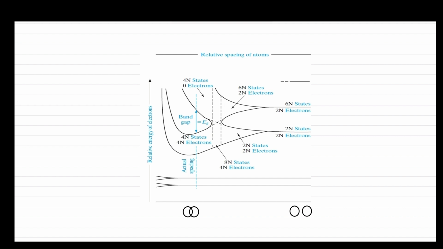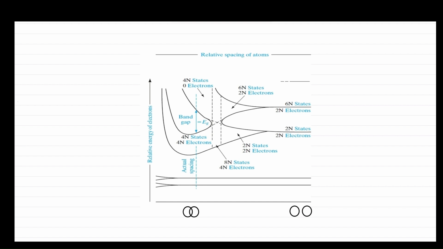If we talk about n, it is of the order of 10 raised to the power 23 atoms per centimeter cube. This large number of discrete and closely spaced energy levels is called an energy band. And as we move toward the left, for enough proximity between two nearby atoms, the 6n upper states merge with the lower 2n states, giving a total of 8n levels, half of which are occupied by the 4n available electrons.